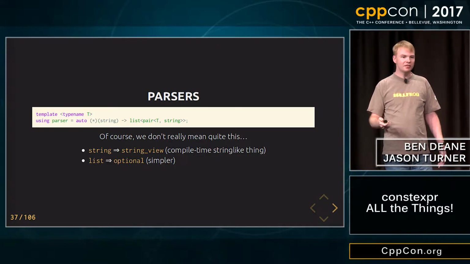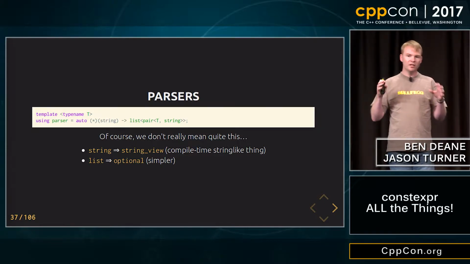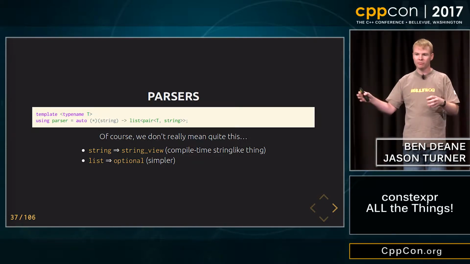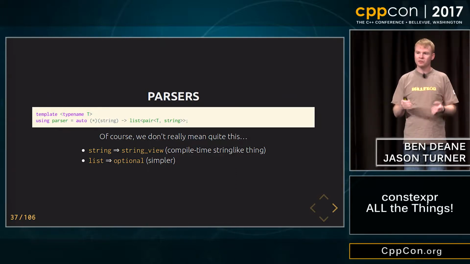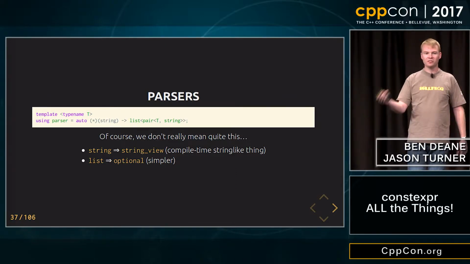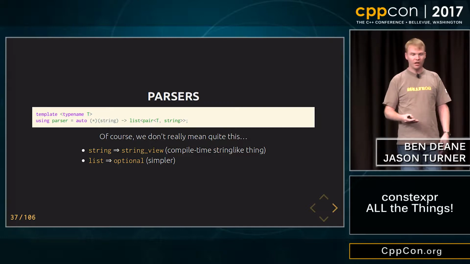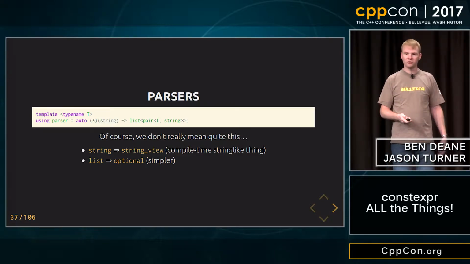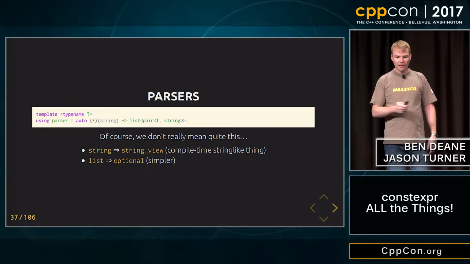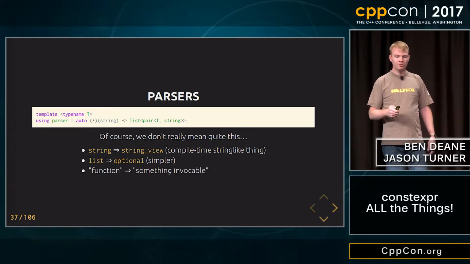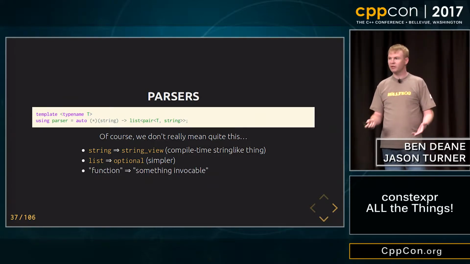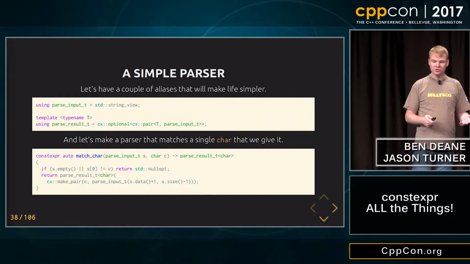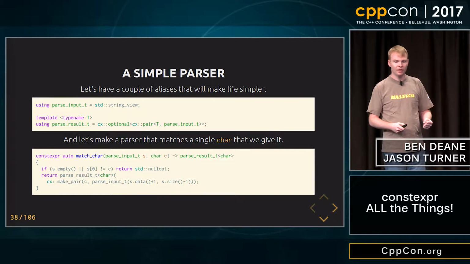And when we say list, what the list represents here in the parse is that you might have multiple ways to parse something. So we're just going to condense that down to optional, meaning the parse can either succeed or fail. And we can do that in constexpr world, using our own kind of optional thing that works. And when we say function, we mean, of course, something invocable. And in C++17, we mean constexpr lambdas.